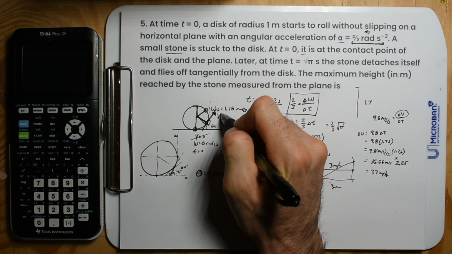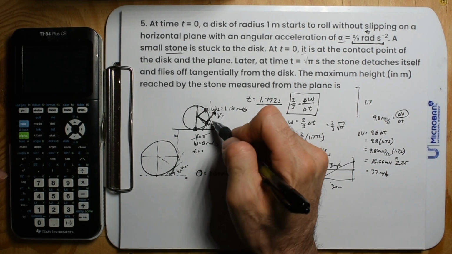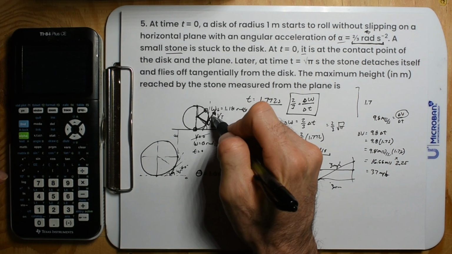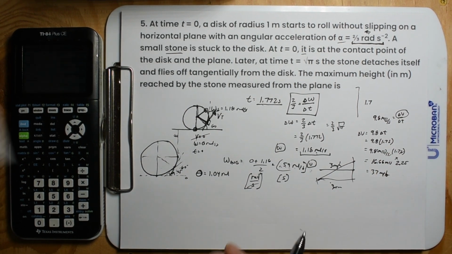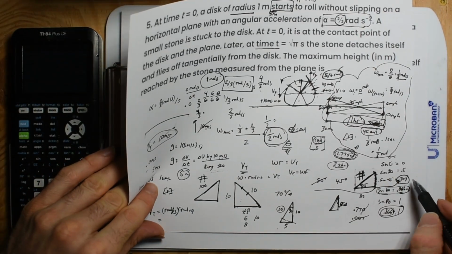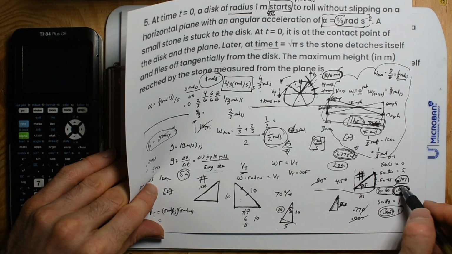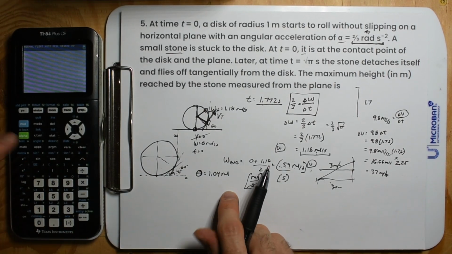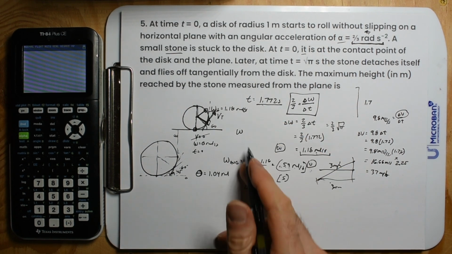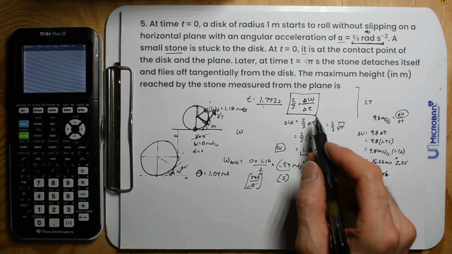Now we're going to have a velocity tangential component, we're at a 60-degree angle, and then booyah, we can totally guess right now that our velocity tangential is 1. So even right now we can say, what's our angular speed at this time?